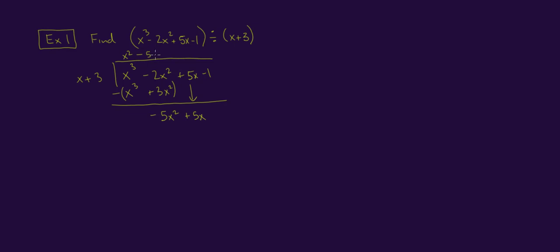This is of course negative 5x, so we get a negative 5x squared, and then we get a minus 15x, and again, standard division algorithm, we are subtracting. Negative 5 minus negative 5 is 0, 5 minus negative 15 would be 20, and then finally, as we pull down the minus 1, now we need to introduce a 20 up here: 20x plus 60.